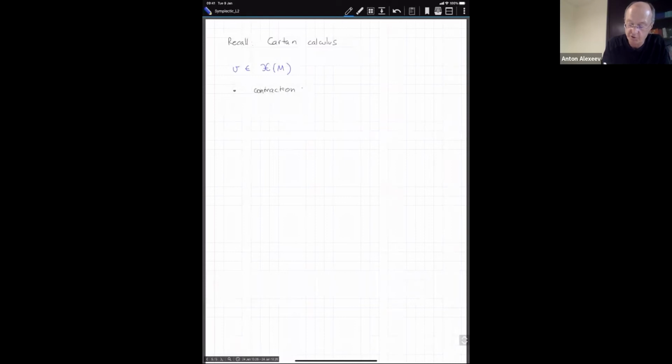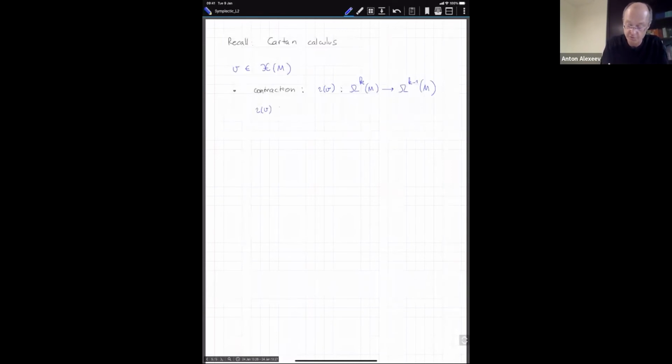The first operation is called contraction. There are different notations for it. I use the notation iota of V, but in the literature there are other notations as well. This operation decreases the degree of forms by 1.